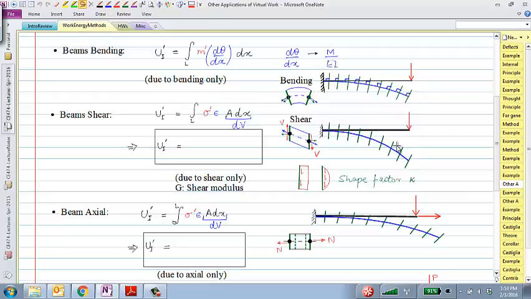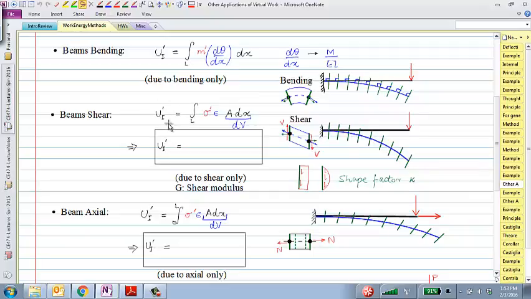To account for this, you cannot really use your moment area method or all of those methods from 371, because they assume that shear deformations are negligible. Here, we can account for the energy stored in the shear deformation mode, and using that energy, we can find the additional displacement due to shear. So let's see how that works.